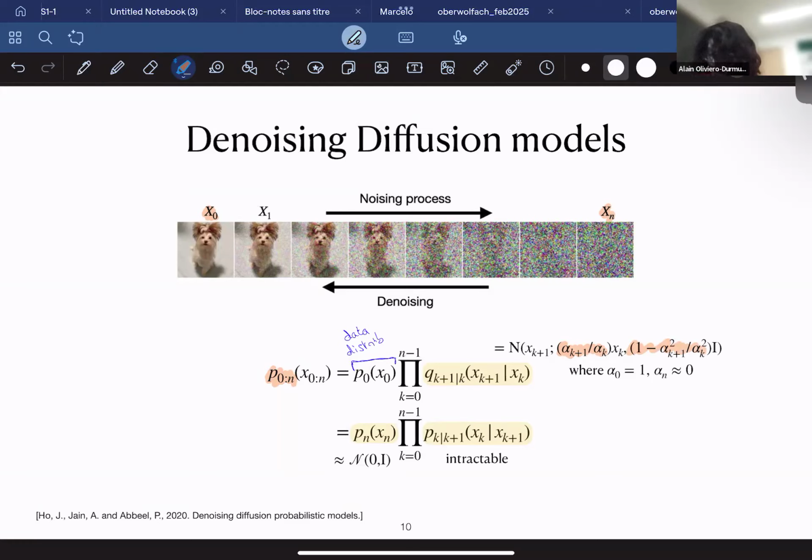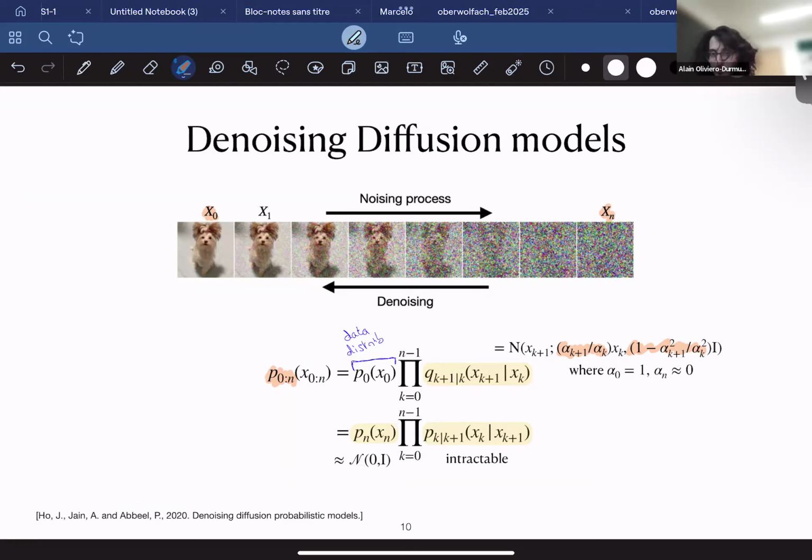The main parameterization is so that I target the Gaussian distribution, so you can really see this as an accurate discretization of an Ornstein-Uhlenbeck process. So now I have a path from the data distribution to the Gaussian distribution.